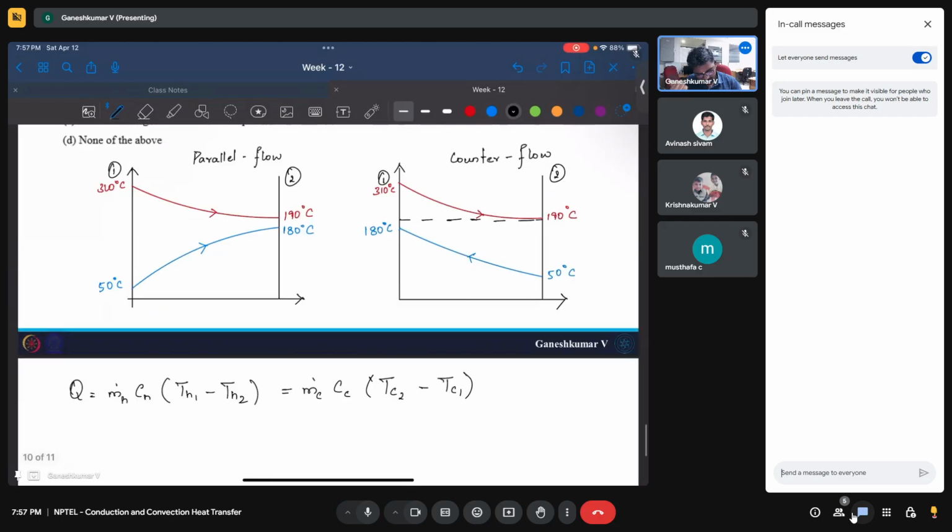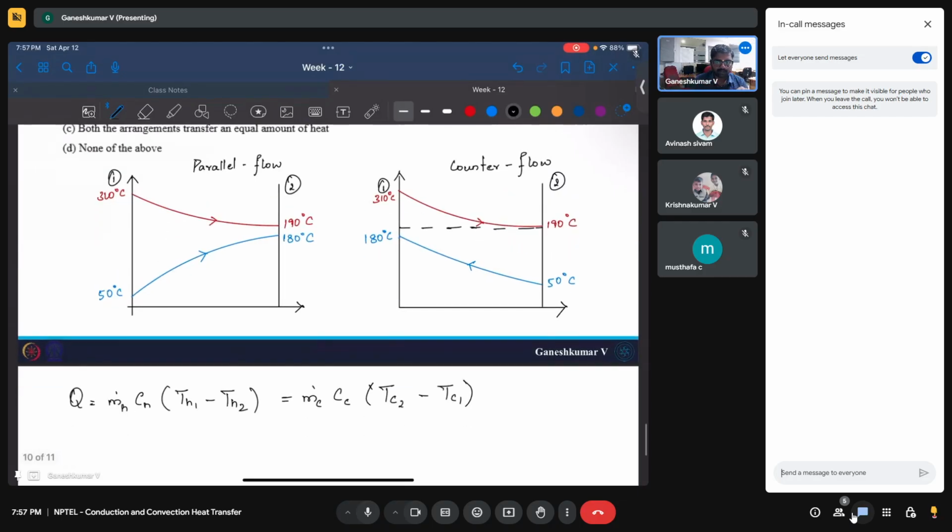Whether it's parallel flow or counter flow doesn't matter. When the temperatures are fixed at the terminals, you already know the heat transfer, so the total heat transfer is known. Both will have the same heat transfer. Then what do you guys think would be the difference between parallel flow and counter flow? Where do you see the difference?